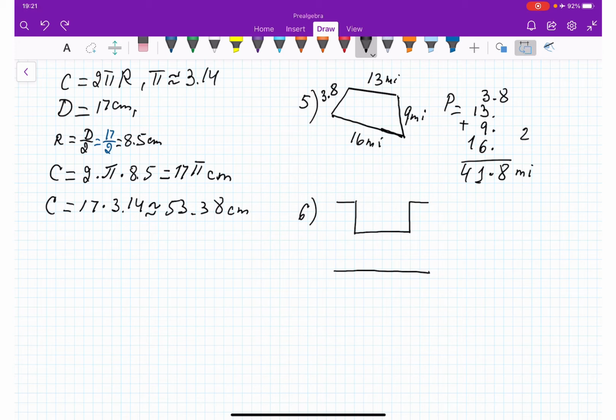Let me try one more time. Maybe this will help. No. Okay, approximately. That's all right. So, what do we have? We have 9 feet, 10 feet, 11 feet, 18 here, and 45 here.